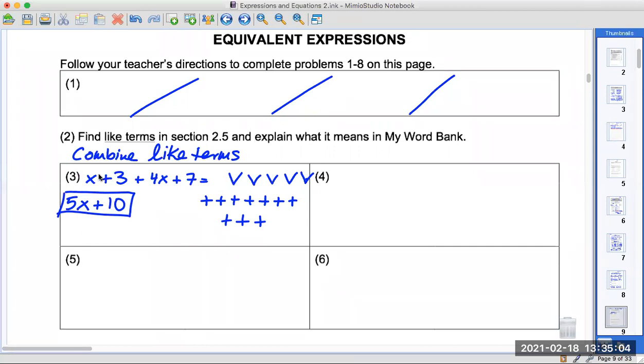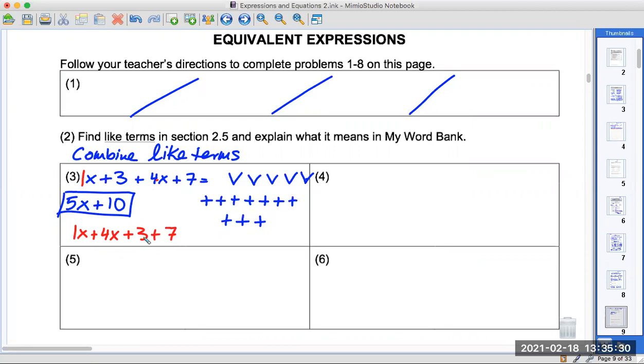You can also do it like this. Anytime you see a symbol and there's no number, put a 1 in front, count it as 1. You can also group it together. 1x plus 4x is 5x. Plus 3 plus 7 is +10. You can do it this way, or you can use cups and counters.